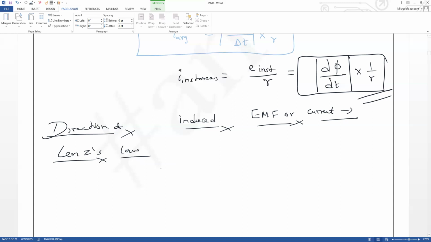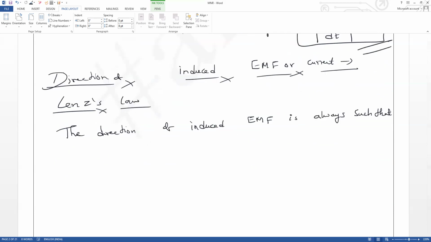So, the direction of induced current. What is the direction of induced current? Sir, when the north pole of a magnet is moved toward the coil, it becomes a north pole.